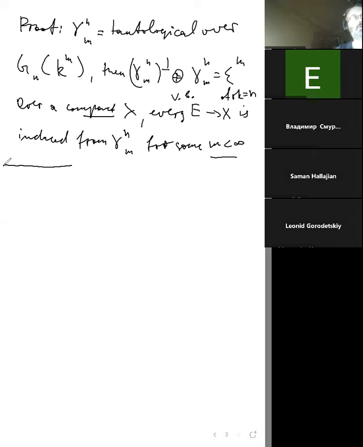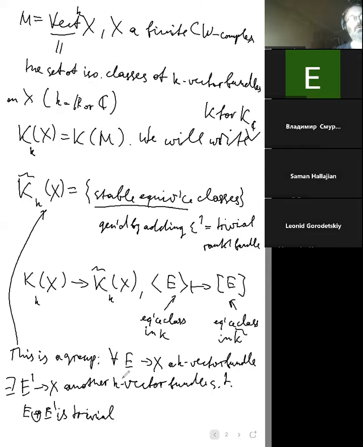Okay, so now we know that for every bundle there is a complementary bundle, and this means that for every element of K tilde there is an inverse, such that the sum is stably trivial, which means stably equivalent to the zero bundle.